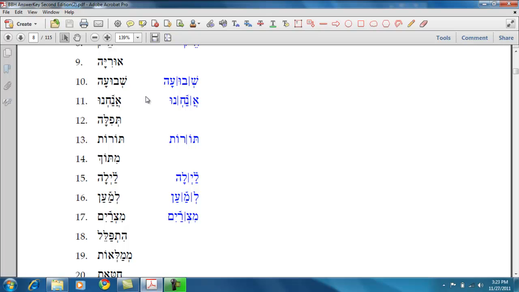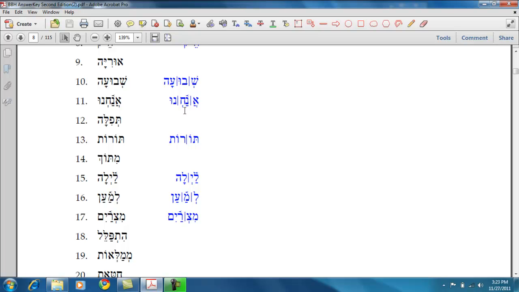Number 11 is Anachnu. The accent's right here on the Nach. So we would go Aleph and Hatif Patach. Break that syllable and put Nun, Patach, Chet with a non-vocal Shava up under it.